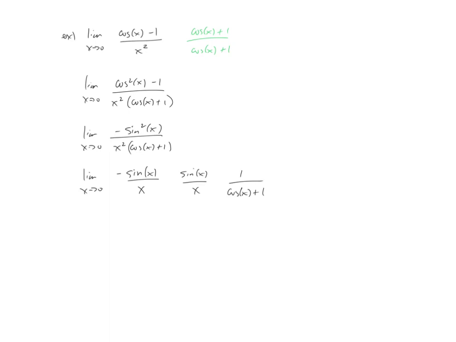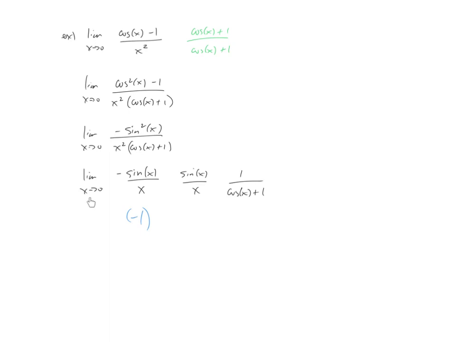Now, using those limit laws, I know that I can distribute my limit into each one of these as a product. When I look at this first one here, the limit as x goes to 0 of sine x over x, that's going to give me a 1. So I'll have a negative 1 from that guy.